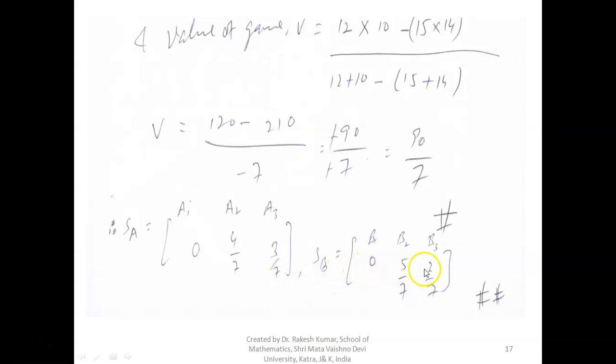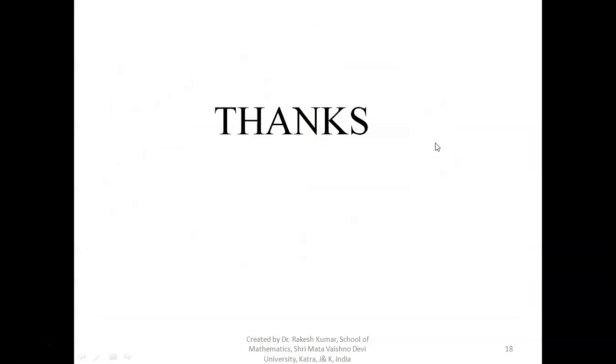A similar interpretation can be given for the optimal mixed strategy for player B. So these are the values, and the value of the game came out with this. Thank you very much.